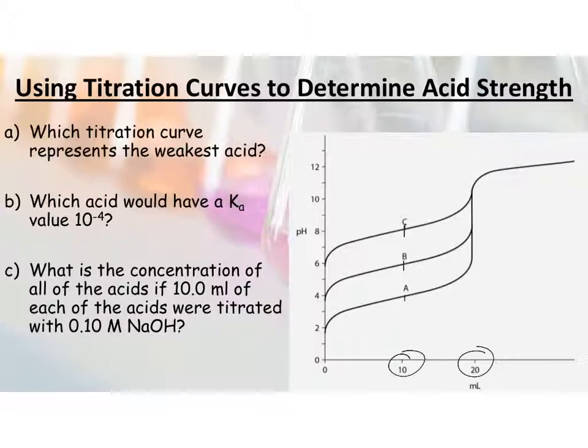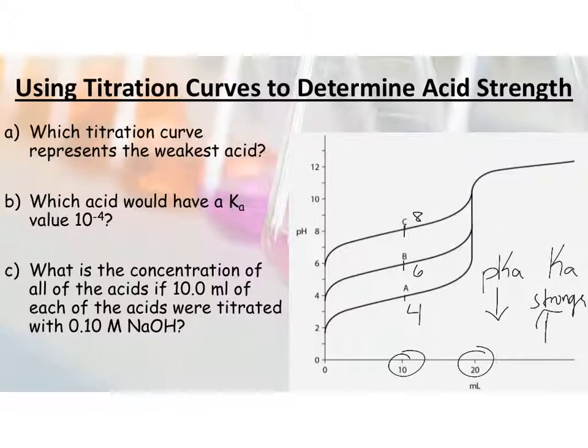So we've got pKa values of 4, about 6, and about 8. So the question is, which one is the weakest acid? Now, if you'll remember the relationship between pKa's and Ka's, the more negative the pKa, the stronger, or the higher, larger your Ka value is.